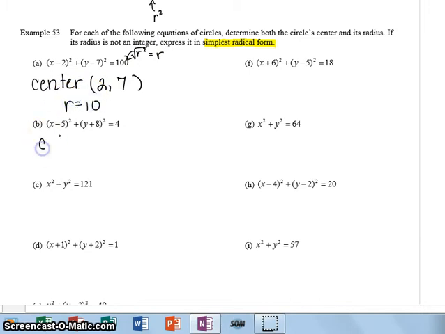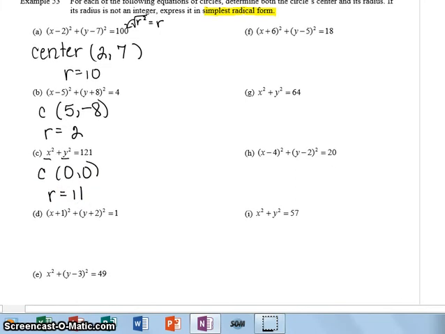All right, my center, positive 5, negative 8. My radius, 2. Again, I took the square root of the 4 to get 2. These, you don't see numbers. So the answer for the center is 0, 0, radius 11, because the square root of 121 is 11.